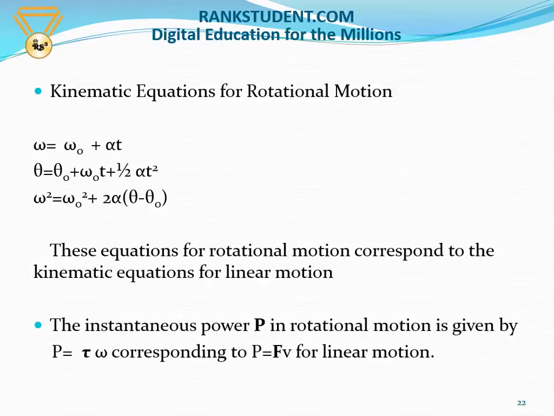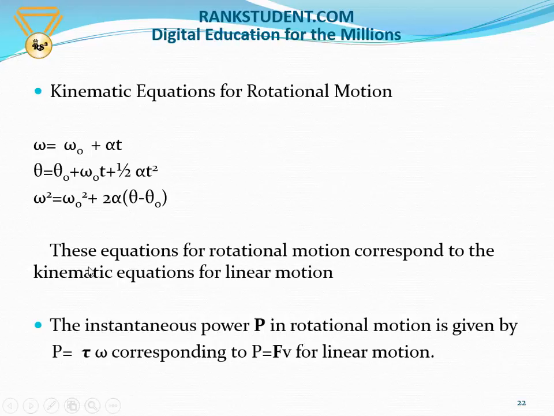Similar to kinematic equations for translational motion, we have kinematic equations for rotational motion. Omega equals omega 0 plus alpha t. Theta equals theta 0 plus omega 0 t plus half of alpha t squared. Omega squared equals omega 0 squared plus 2 alpha times theta minus theta 0.